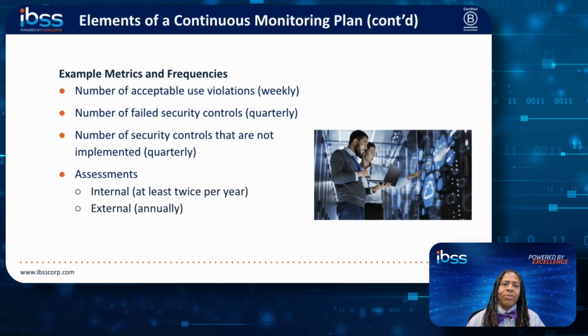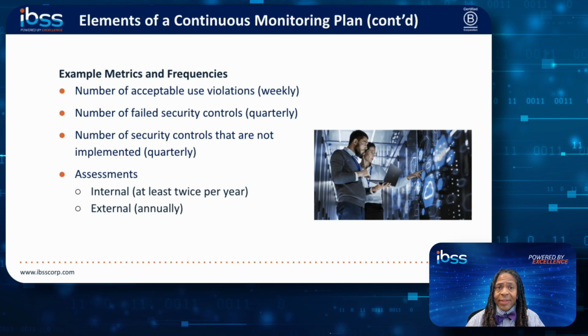And lastly, a technical control is a control that typically is performed or executed by a device or an IT component. So it's a good idea to have an understanding of the number of failed controls and to take a look at that snapshot on a quarterly basis. Next, we want to take a look at the number of controls that are simply not implemented.